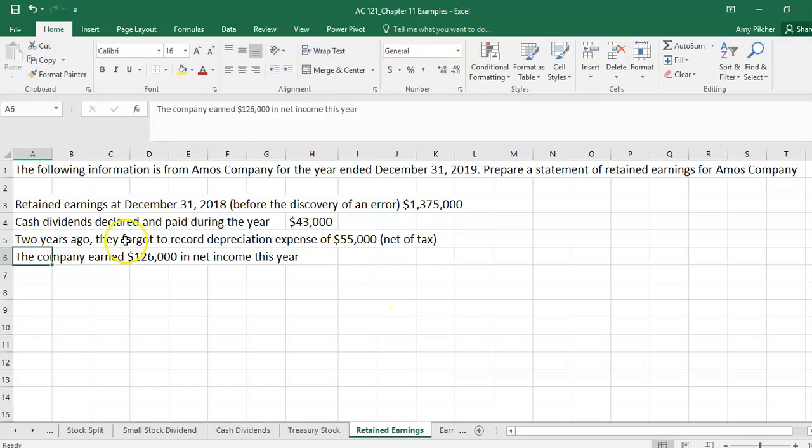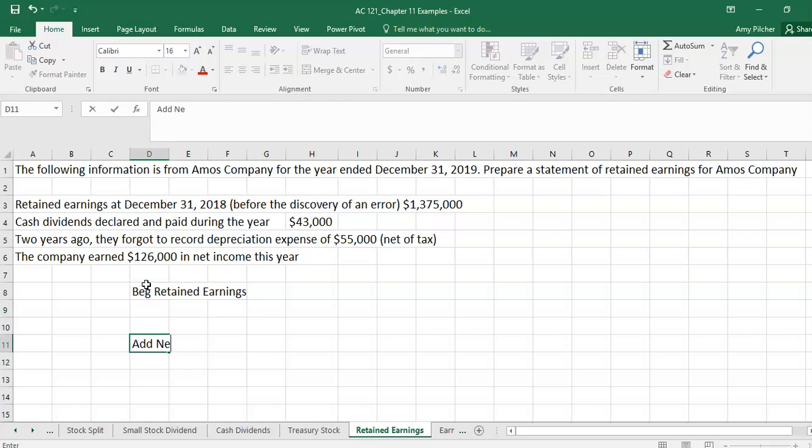This example looks at a statement of retained earnings. We've seen statements of retained earnings in multiple chapters. This chapter adds what happens when we have a prior period adjustment. So retained earnings is beginning retained earnings plus net income less dividends gives us ending retained earnings.